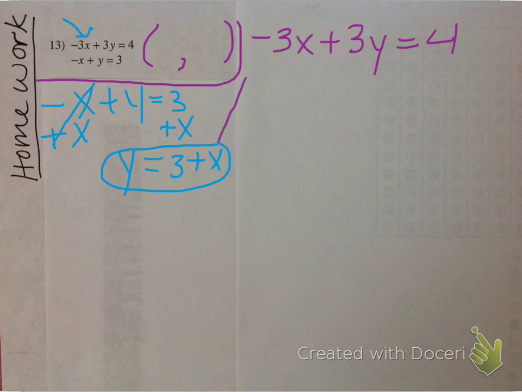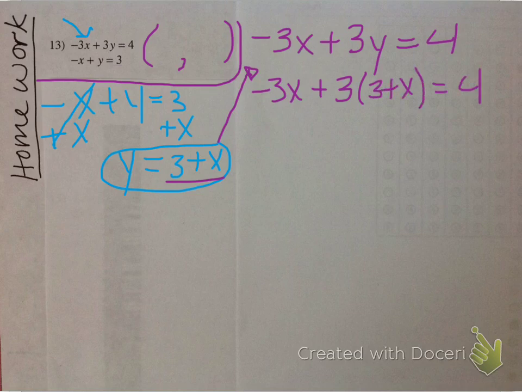Then I can now take this and substitute for y in this equation. So I have negative 3x plus 3, and I like to do open parentheses. Here's the y value. So 3 plus x equals 4. Okay, then I'm going to go ahead and distribute and simplify.